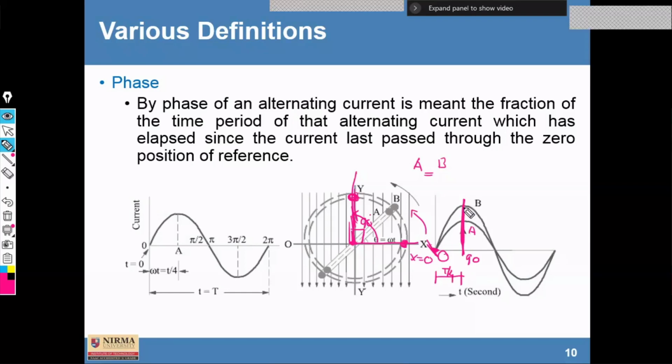But what is the difference here? The difference is in magnitude. It is irrespective of time. These two quantities start from 0, reach their maximum value at the same time, again reach 0 at the same time, again reach the maximum value in the negative half of the cycle, and will be 0 again at 360 degrees.